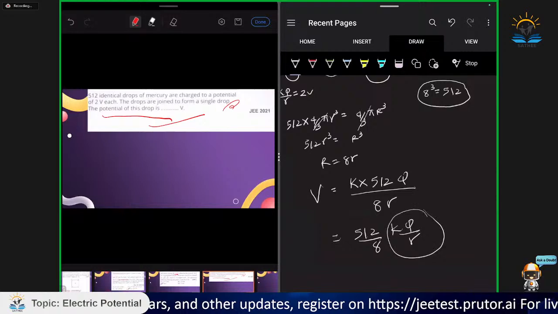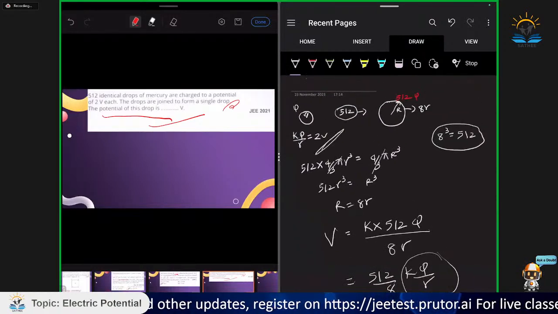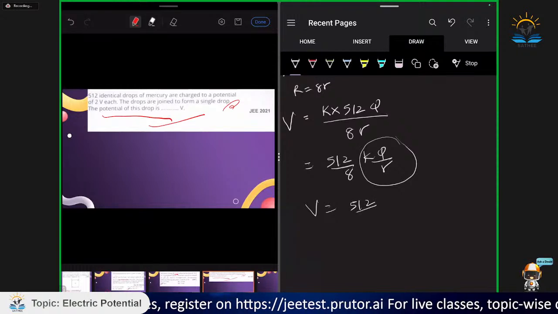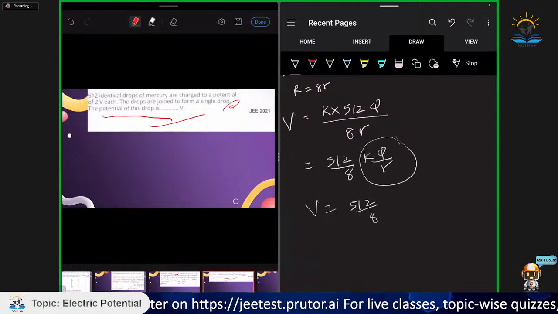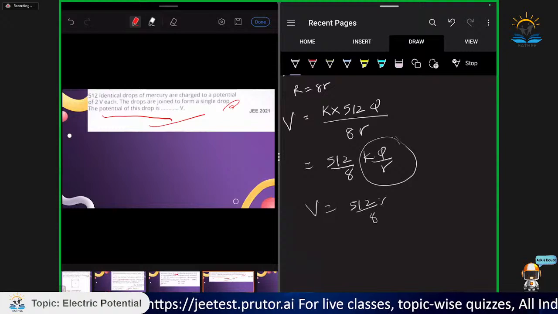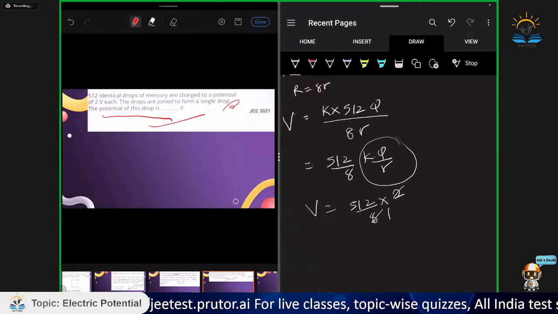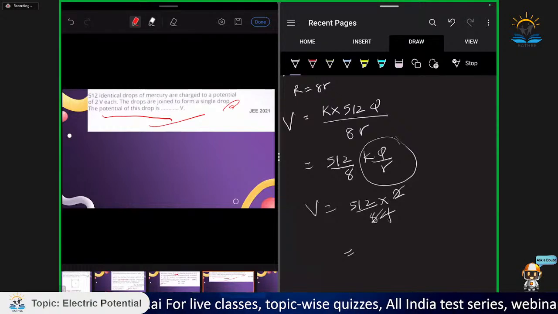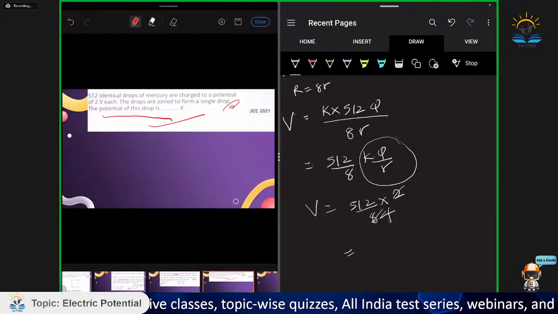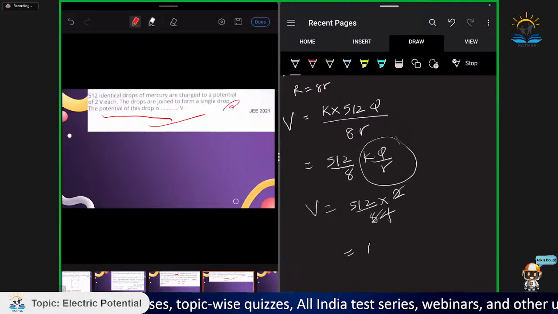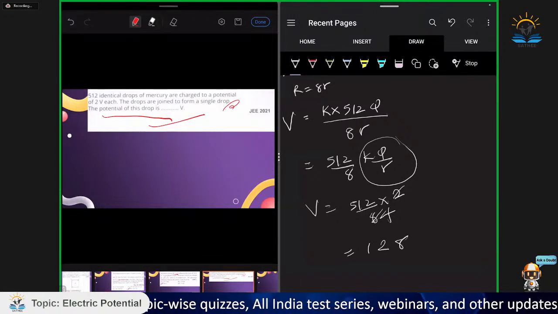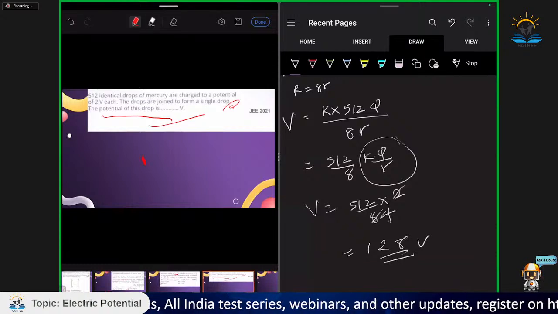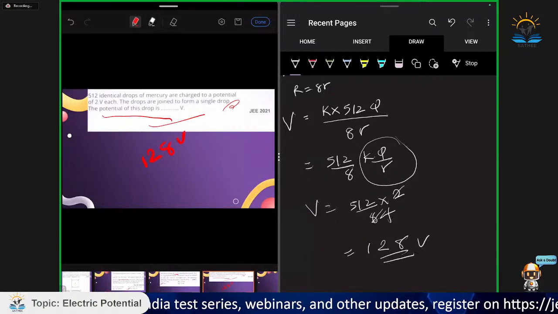This KQ by r is 2. So the potential of the single drop will be 512 by 8 into 2. 512 by 4, how much? 128 volt. So the answer will be 128 volt.